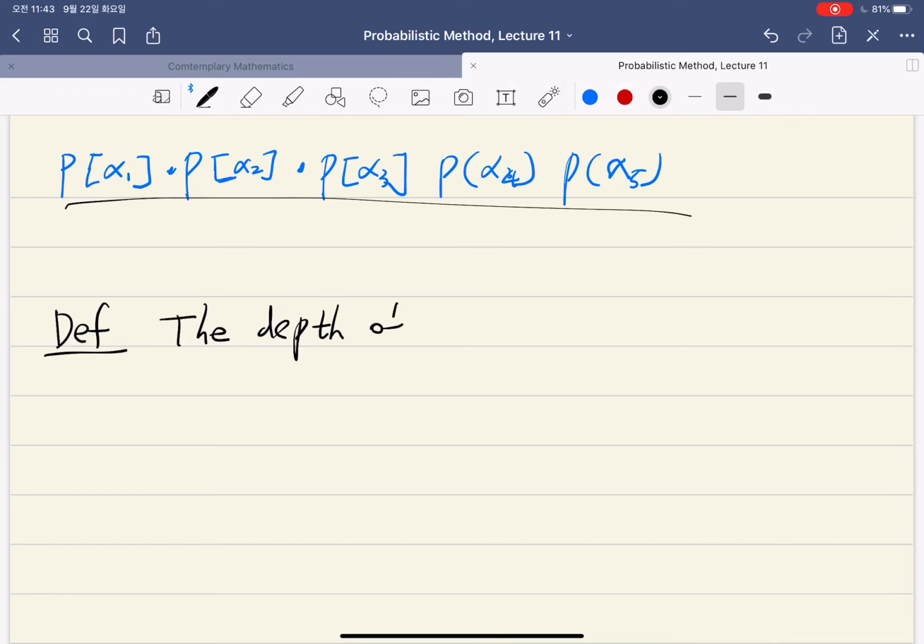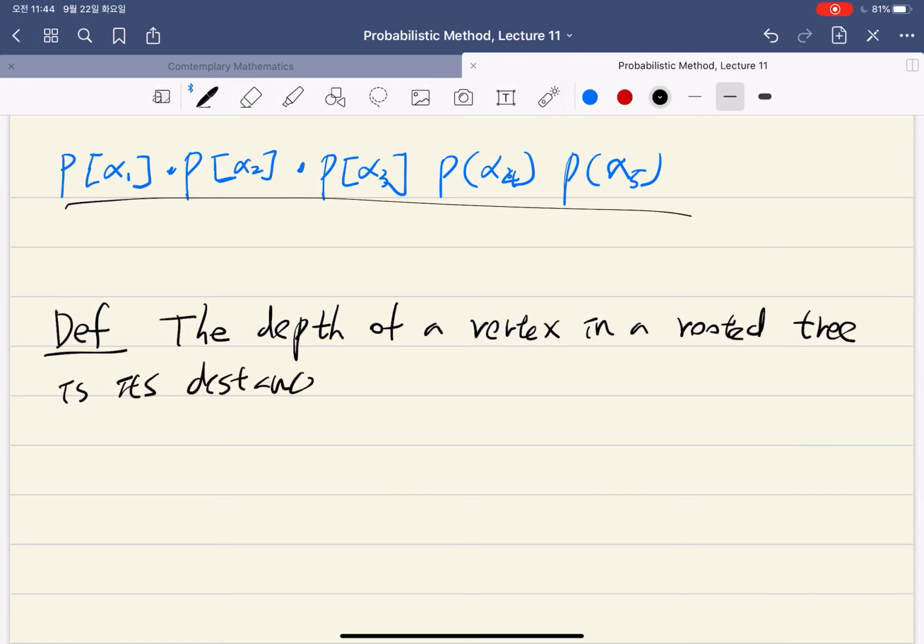Let's say the depth of a vertex in a rooted tree is its distance. A rooted tree is a tree with a root vertex. So in a tree, you designate one vertex as root.